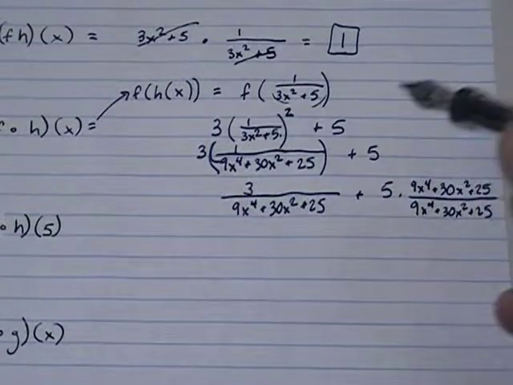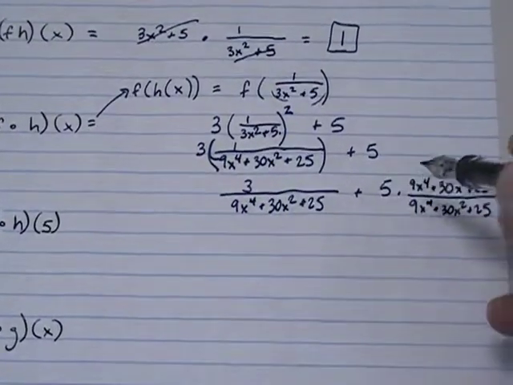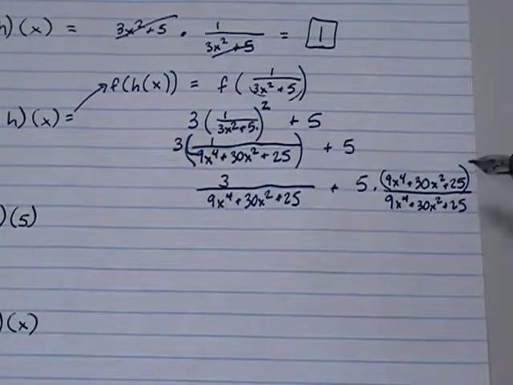So what do we end up with? Well, over here we get the same thing, and over here we basically get 9x to the 4th plus 30x squared plus 25 times 5. Okay?